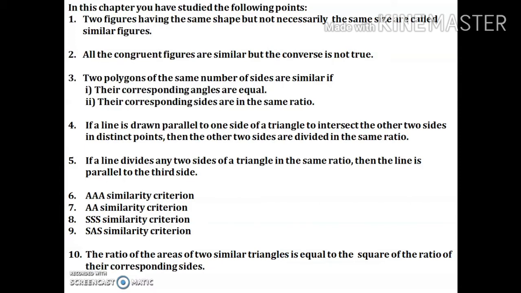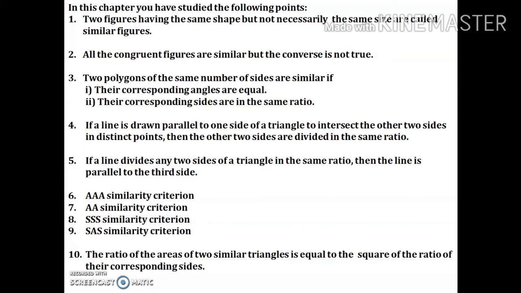Now, which are the four similarity criteria that you learn? It is AAA similarity criterion, AA similarity criterion, SSS similarity criterion, SAS similarity criterion. Next one. The ratio of the areas of two similar triangles is equal to the square of the ratio of their corresponding sides.